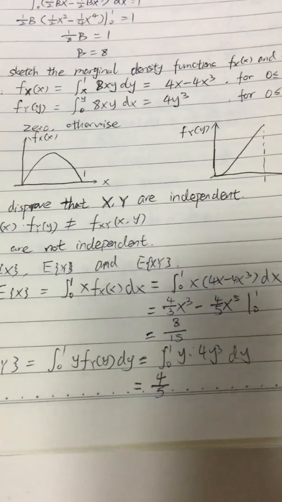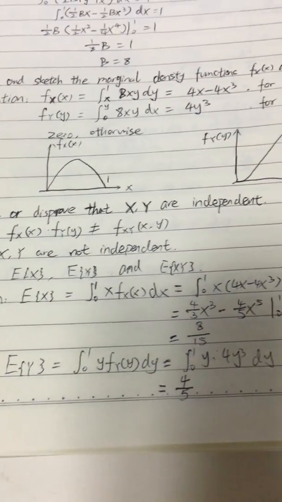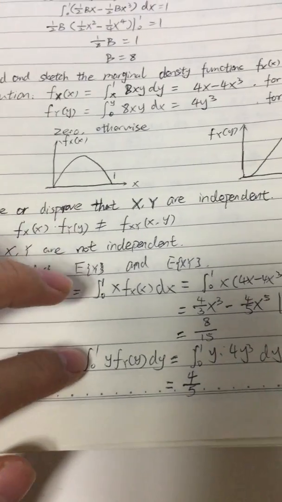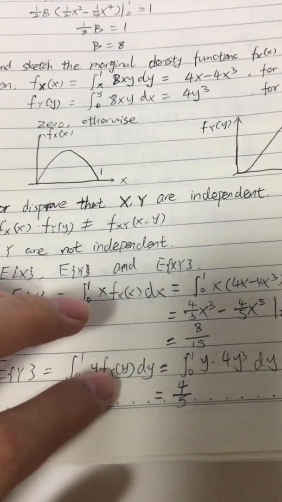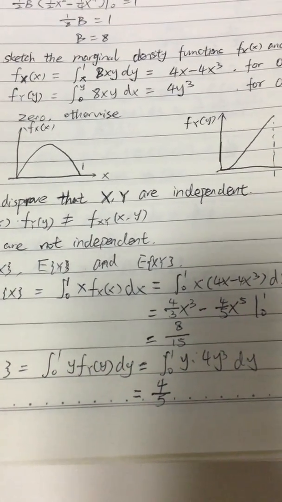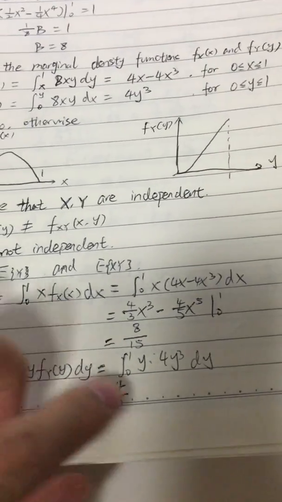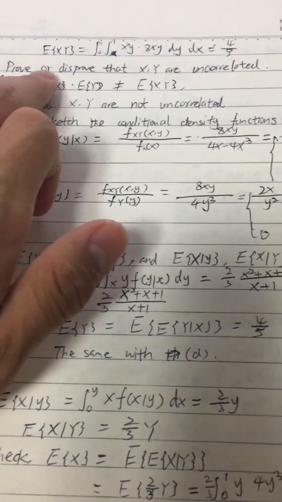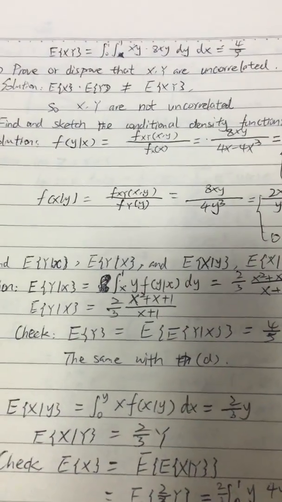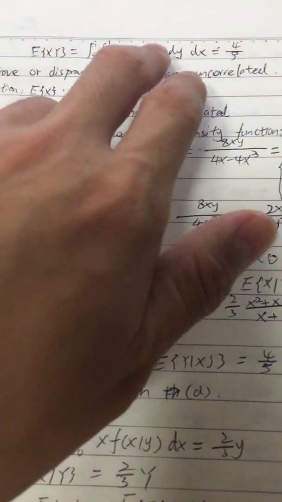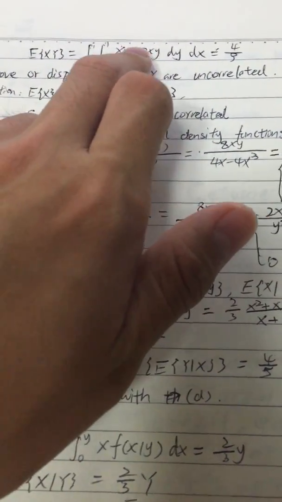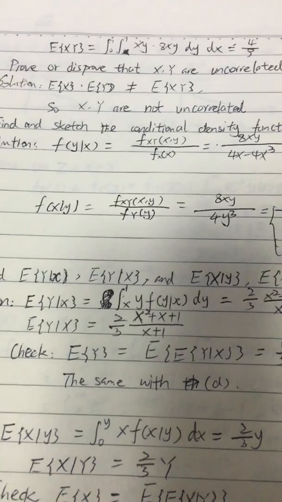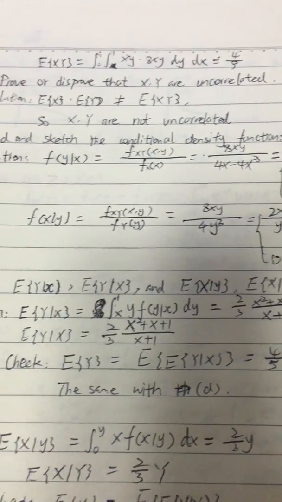And ey is the same as ex, integrating y fy, and we can solve it to be 4/5. And exy is equal to the integral of xy fxy, and it comes out to be 4/9.